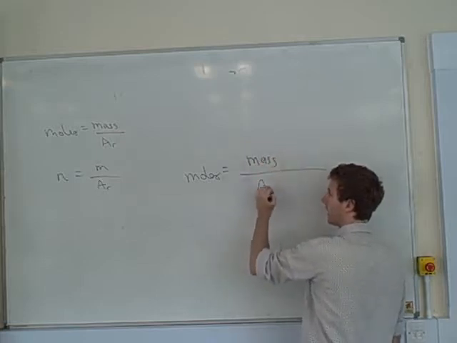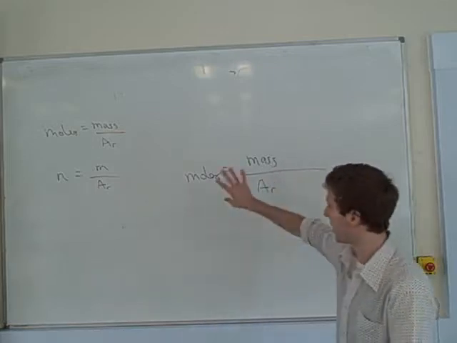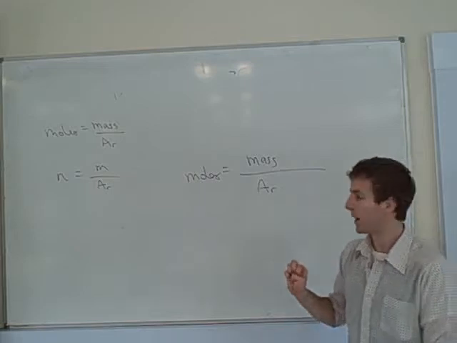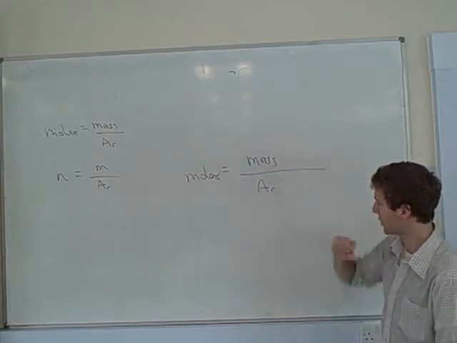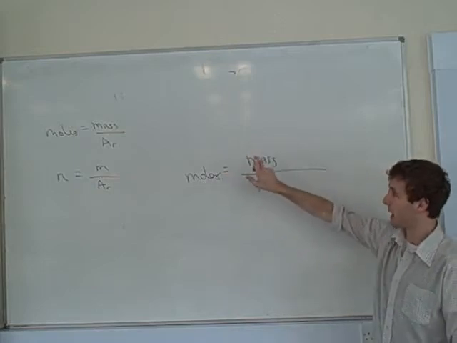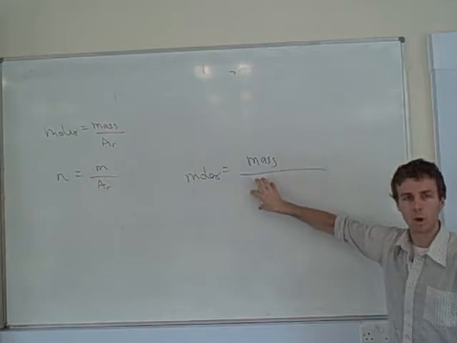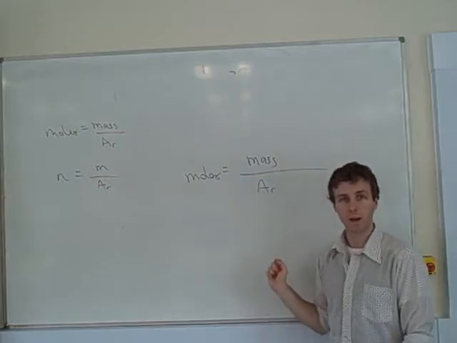mass over Ar. Now, let's say I want to get mass equals. So I'm going to rearrange this to get mass equals. What I need to do is figure out how I can cancel out all of my other terms on this side. So I've not got mass equals, I've got mass divided by Ar equals. So this Ar is kind of getting in my way. So what I'm going to do is multiply both sides by Ar.